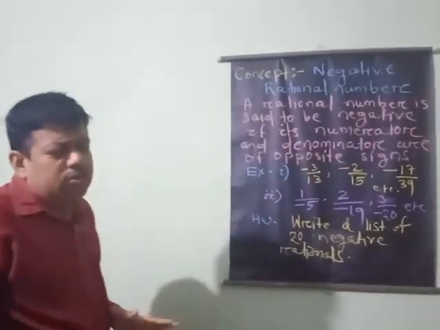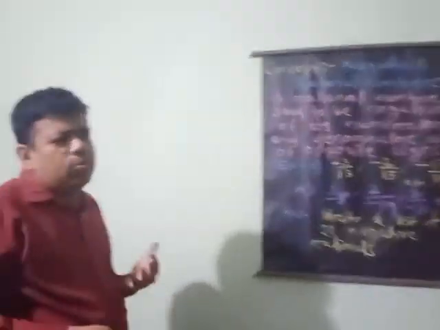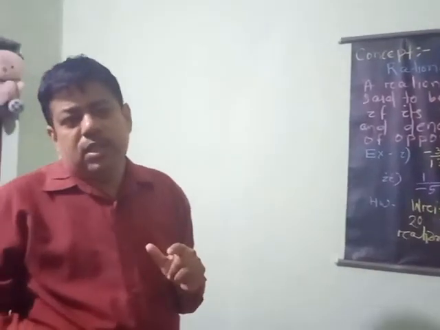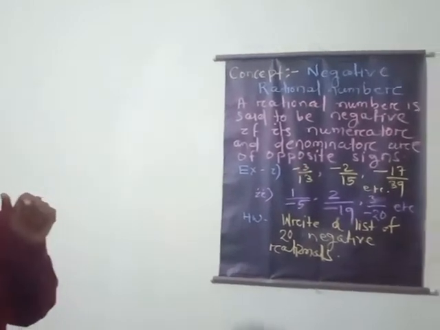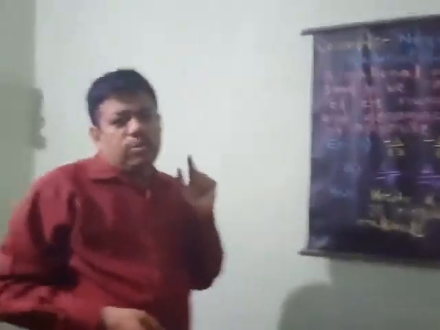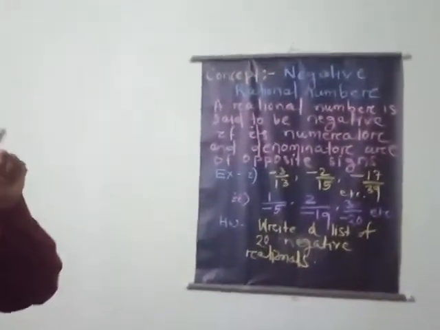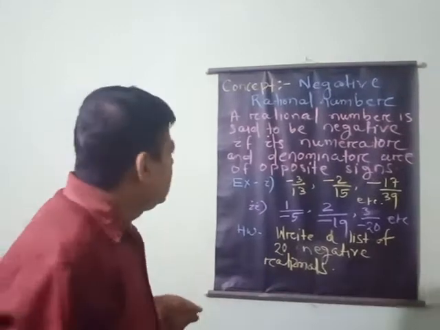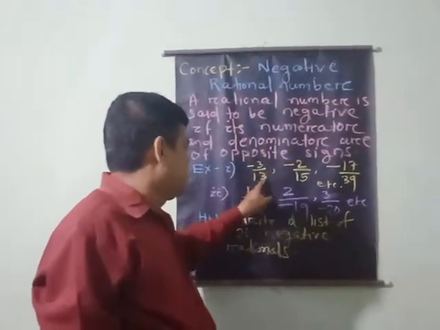So if the numerator has a negative sign, the denominator will be a positive sign. Let us see an example here: minus 3 by 13.